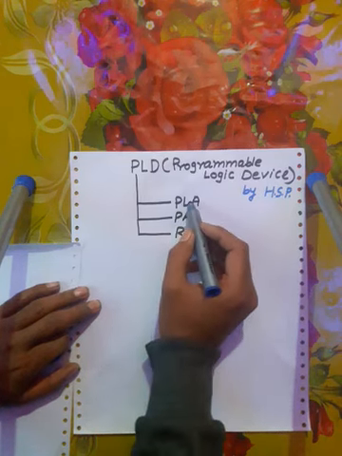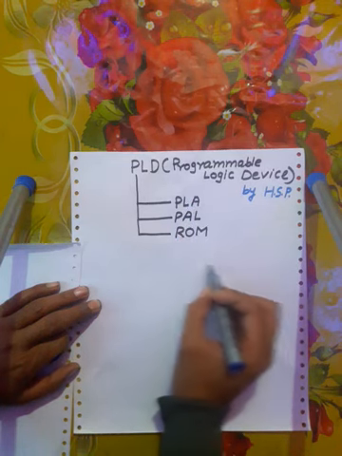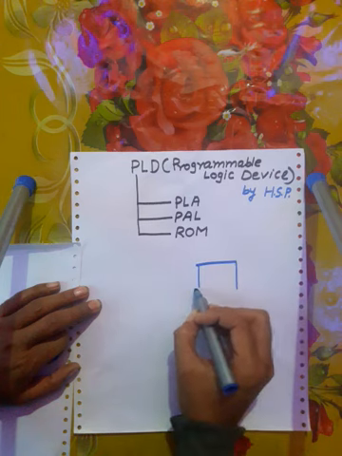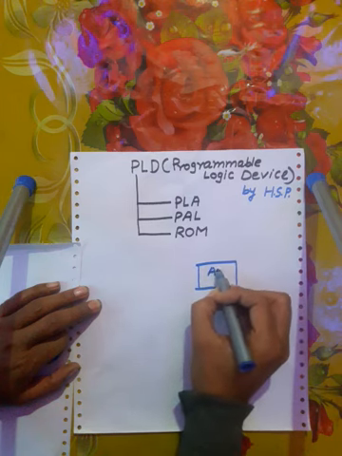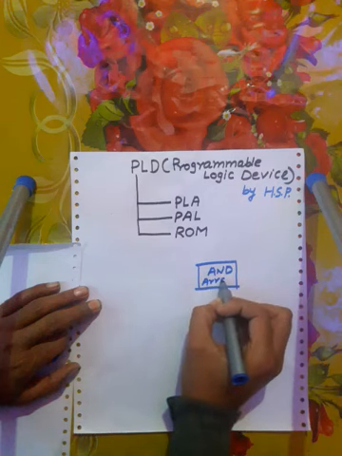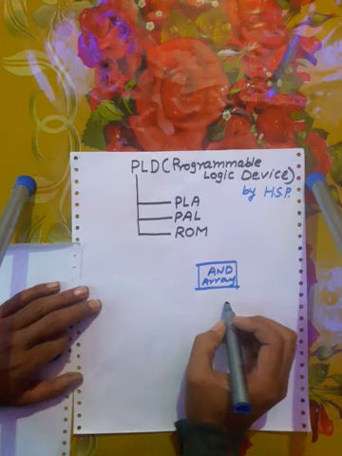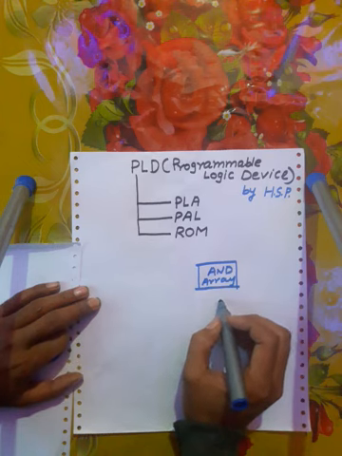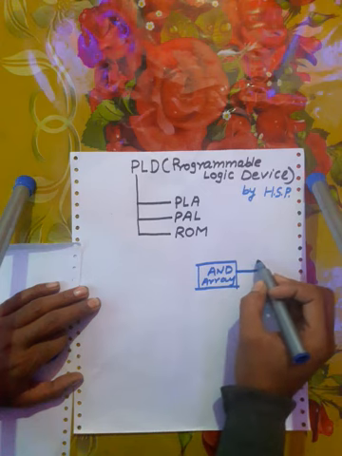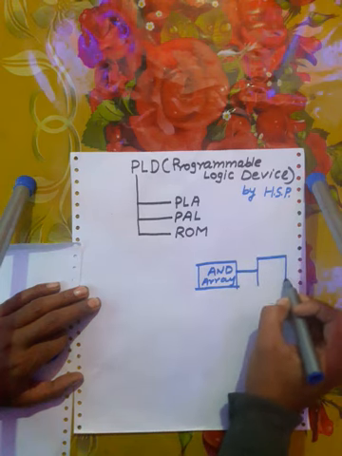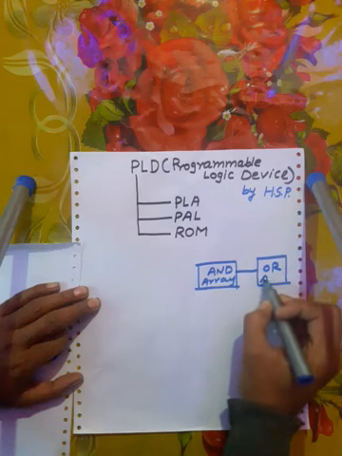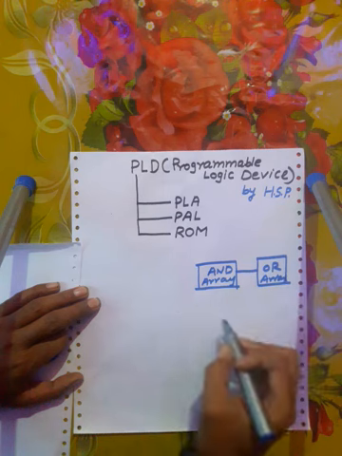In this PLA, what type of structure is there? There is an AND array. The AND array is a collection of similar elements, a group of AND gates, and it is followed by an OR array.